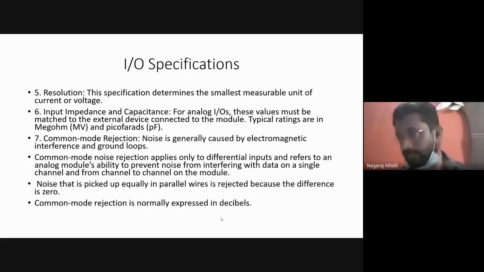Because of the magnetic effect of the nearby circuit, noise is produced. There is a current flowing, a noise signal flowing in the existing circuit. That is called the electromagnetic noise or electromagnetic interference.